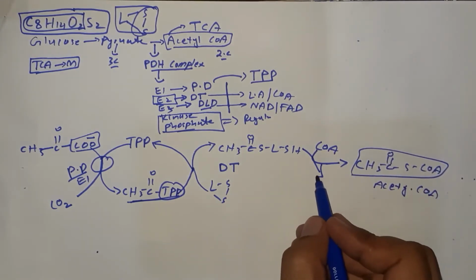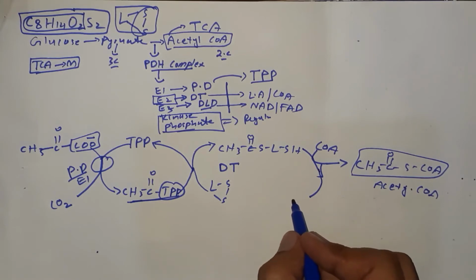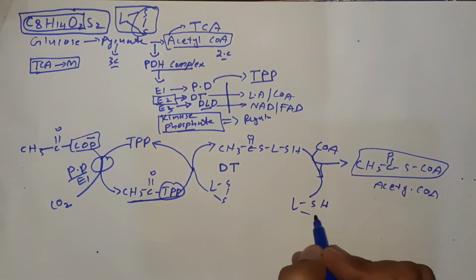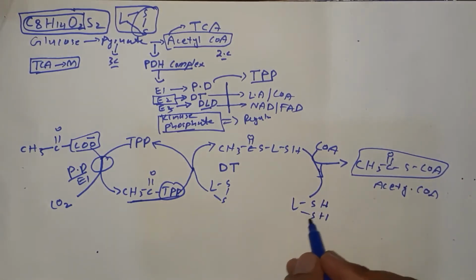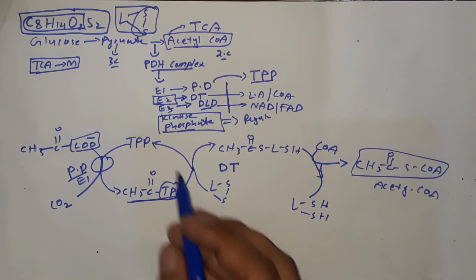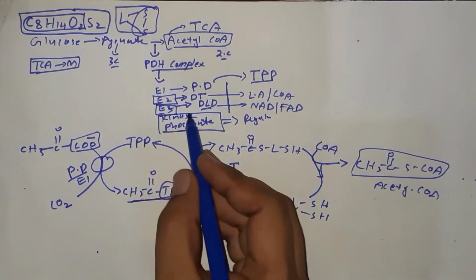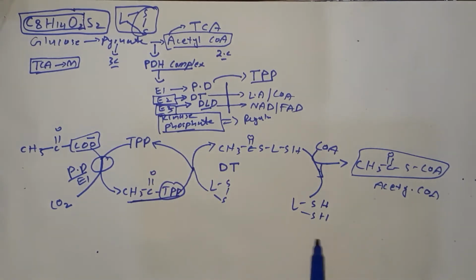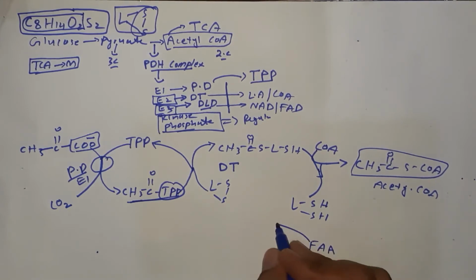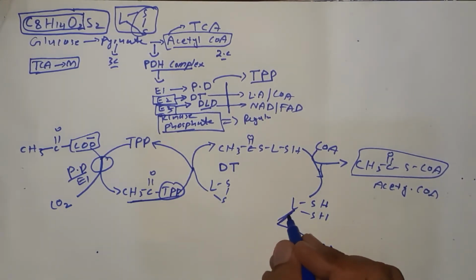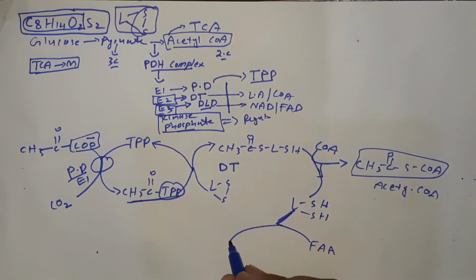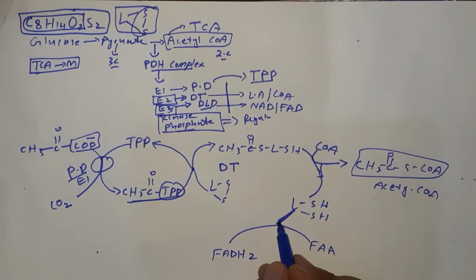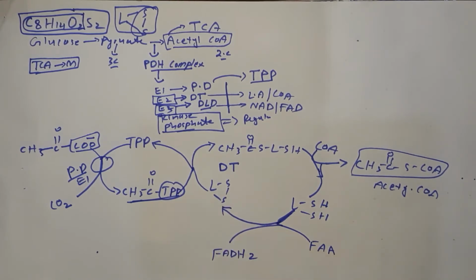The lipoic acid is reduced into LSH, as two hydrogens are donated to lipoic acid in this process. To regenerate lipoic acid, E3, the third domain of the PDH complex, works, and its coenzyme is FAD. This FAD reacts with the reduced lipoic acid and gets converted into FADH2, and in this reaction the original lipoic acid is regenerated.